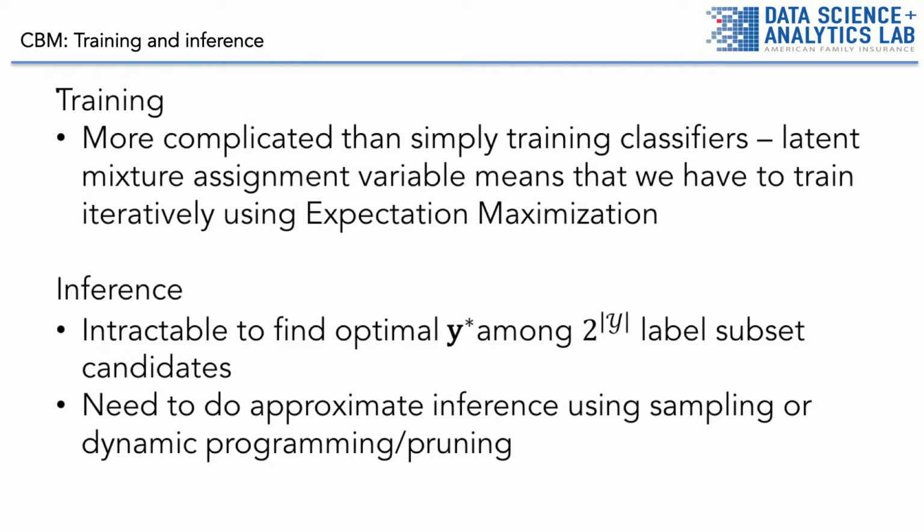And so for the details on that, I'm just going to refer you to the paper. I think the citation may have fallen off the bottom of the slide here, but it's Lee et al. Happy to provide the slides and the citations afterwards. But there is some complexity there in doing dynamic programming or sampling to get the inference.